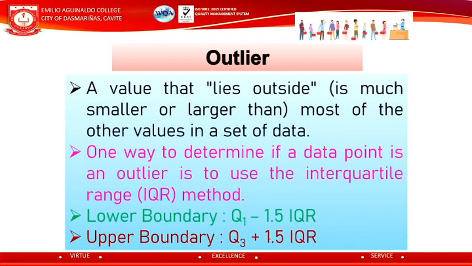It is a value that lies outside, much smaller or larger than most of the values in our data set. It only means that the value of that data may be too much higher or too much lower than the rest of the data. It is very high in comparison to the rest of the data. It is outstanding, that is why it is considered an outlier.